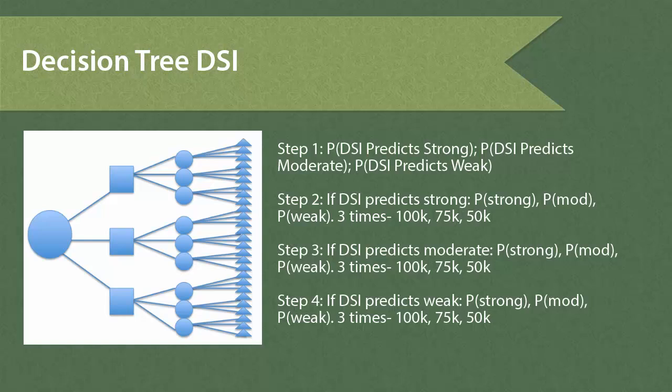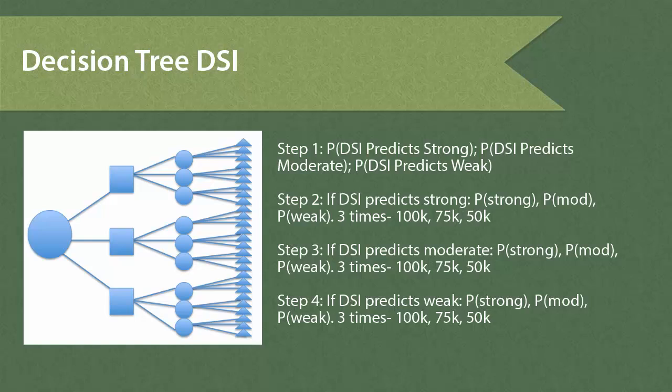Coming off of that, there are 3 possibilities: predict strong, predict moderate, or predict weak. Then we see our squares, our decision nodes, because Motor King is going to decide 100K, 75K, or 50K. So we can see the 3 branches coming off of those 3 squares.